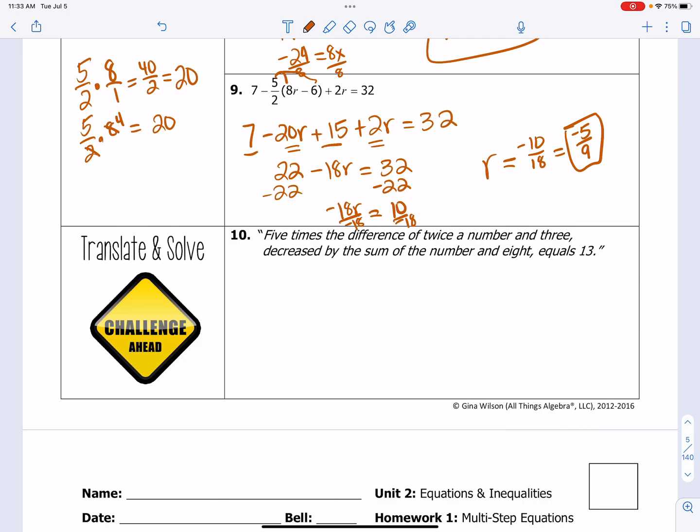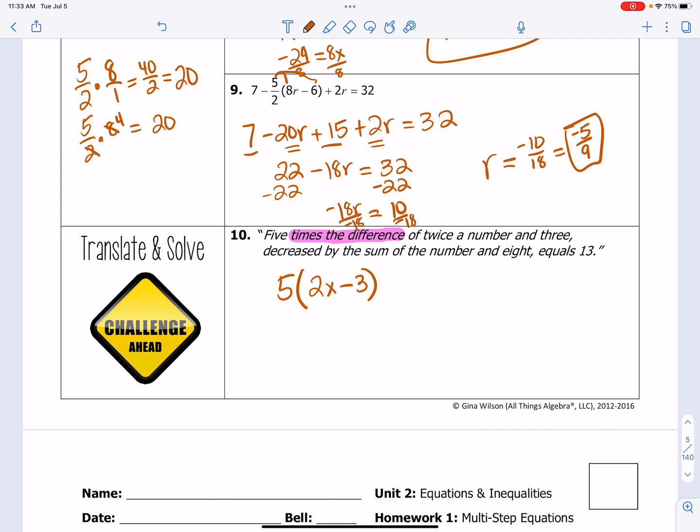Okay, so I would like you to pause and try this challenge question. It's a doozy. It's a tricky question. We kind of just dealt with this in the last unit, but just try it. Okay, you're taking 5 times the difference. So you're taking 5 times a difference of twice a number and 3.